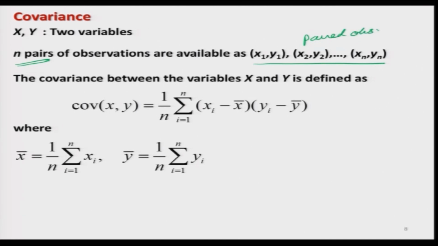In this case, if you want to compute the sample value of the covariance between X and Y, this can be defined as 1 upon n, summation i goes from 1 to small n, Xi minus X bar times Yi minus Y bar, where X bar and Y bar are the arithmetic means of the observations on Xi's and Yi's. This is how we compute the covariance on the basis of a given set of data, and the R software also does the same thing. That is why it is important for you to understand it.